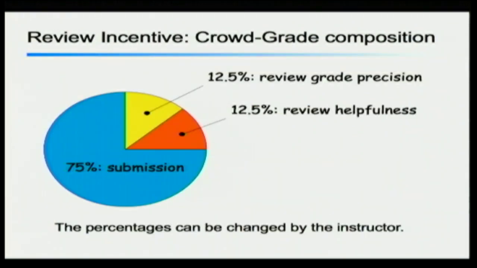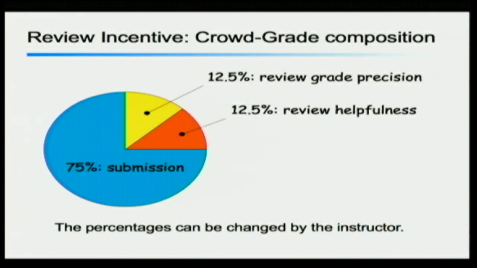Why do students review? Because this is where I put a bit of effort in the math. That is, I want them to have an incentive to review. So for some parts, 75 or sometimes 70% of the grade is the submission grade, and 30% or 25%, depending on the class, you can choose, is the reviewing process. So you get some points for doing the reviews and for being precise.